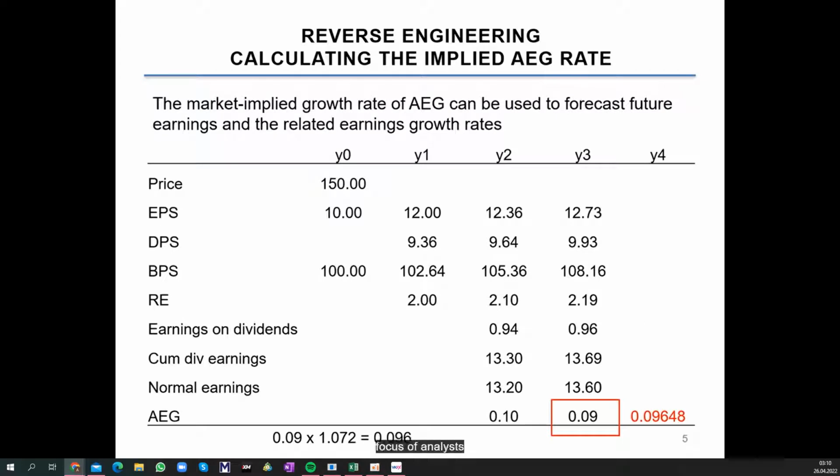The focus of analyst forecasting is earnings and not abnormal earnings growth. Therefore, it would be more useful if we used the abnormal earnings growth model to generate the implicit growth rate in earnings as opposed to the implicit growth rate in abnormal earnings growth. To do that, we need to follow the next steps.